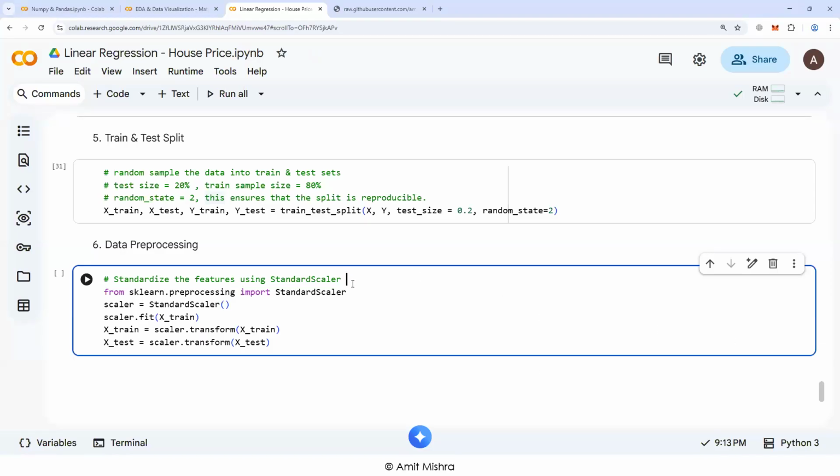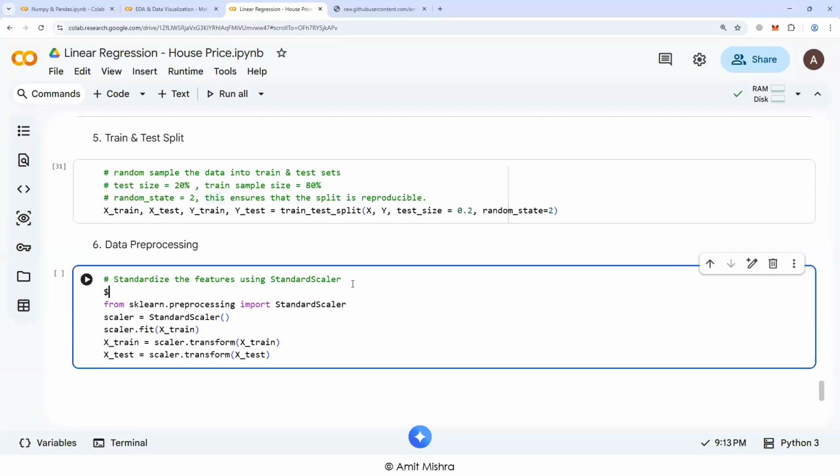Now, why is it important? Because remember that we are implementing linear regression.